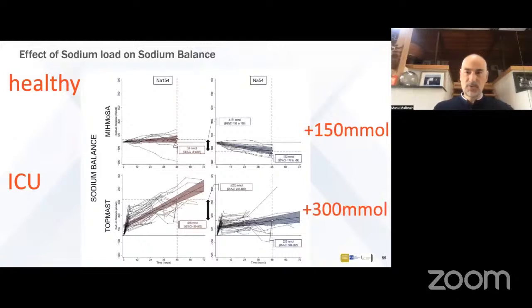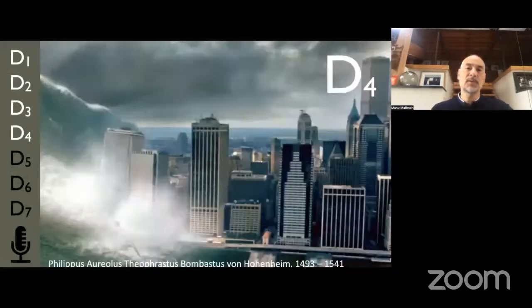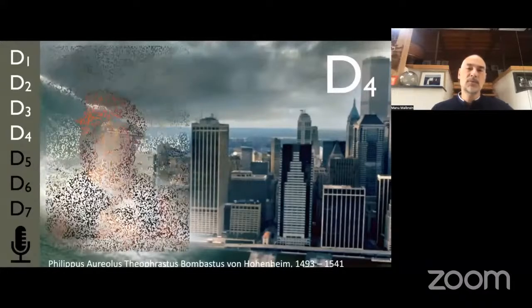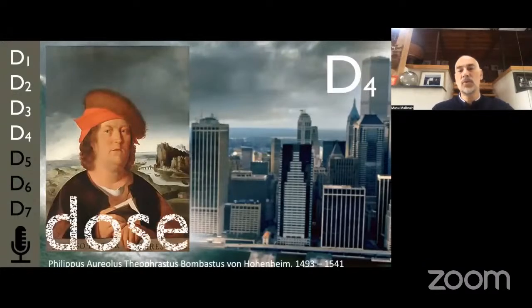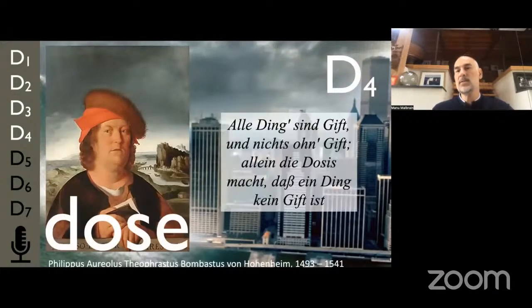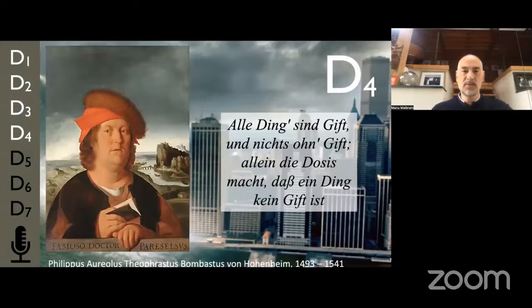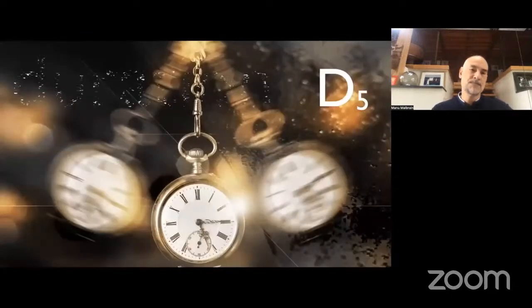And the same is true for the sodium balance. So saline-containing solutions, after 48 hours, more positive sodium balance. And even for healthy kidneys, it takes a while to get rid of the excess sodium. So D4 is on the dose, and it's the dose that makes the poison, as Paracelsus nicely said.